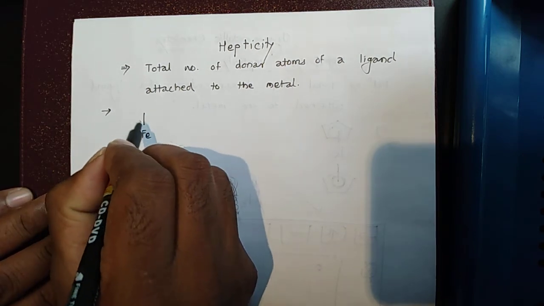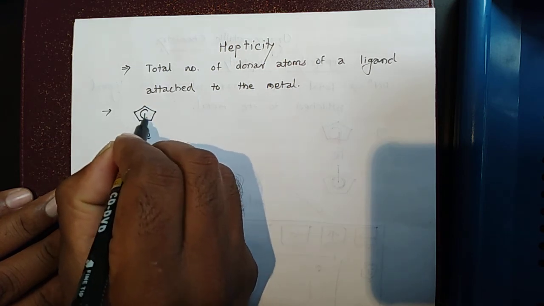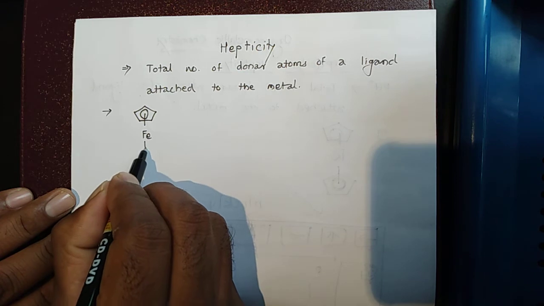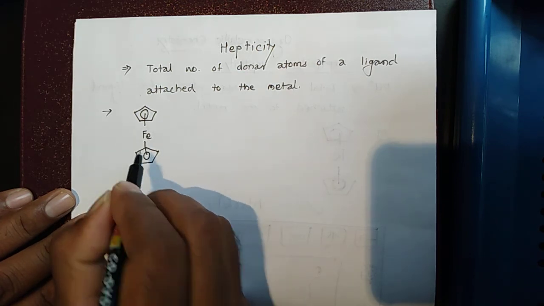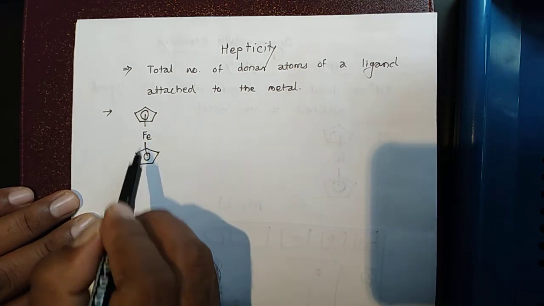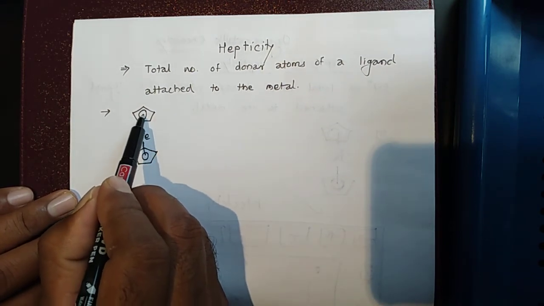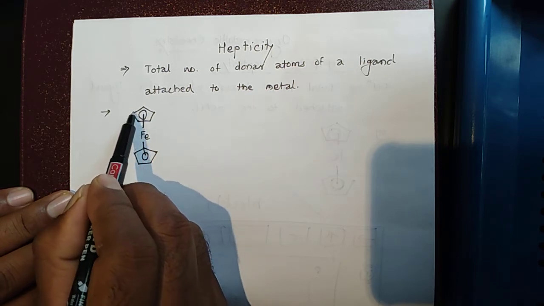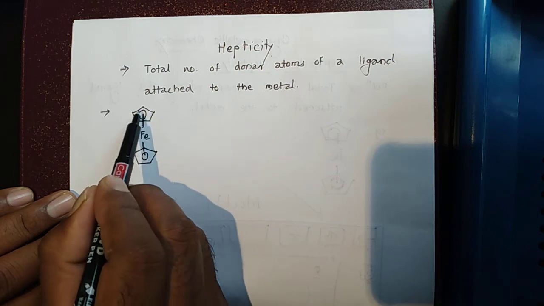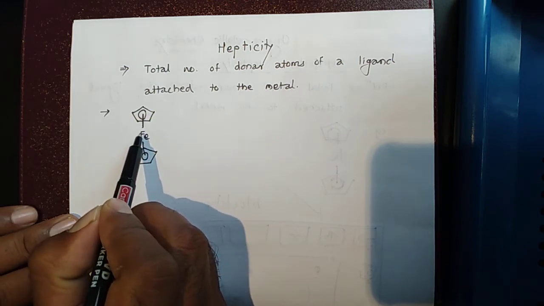See, in organometallic chemistry, a very famous compound is ferrocene. This ferrocene has two ligands, and each ligand has 5 carbon atoms directly attached to the metal.